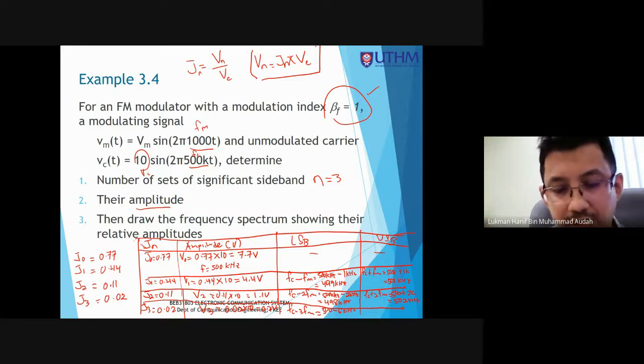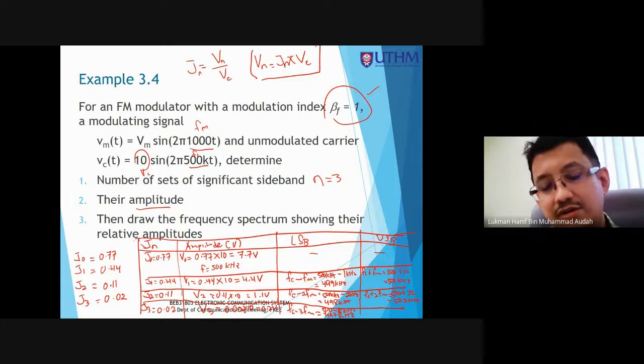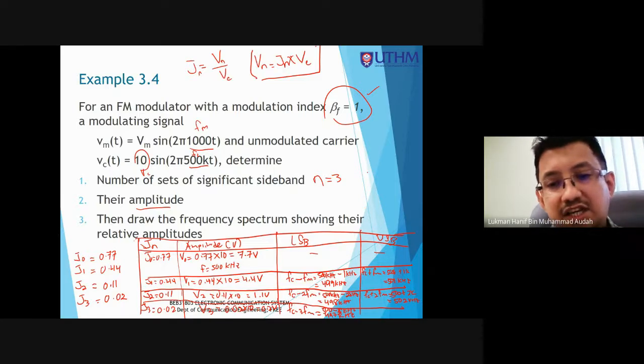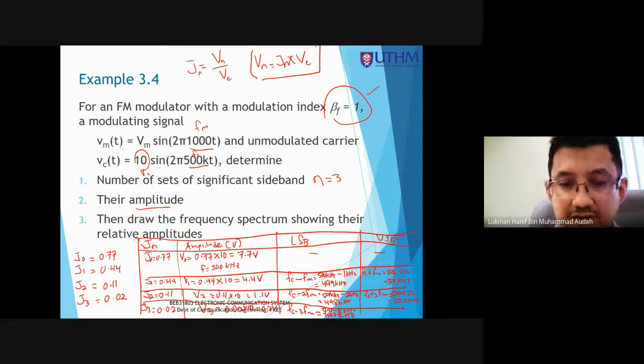Sorry, bukan 6, sorry. Dia sebenarnya FC minus 3 FM. FM is 1K. So 500 minus 3K, so 497 kilohertz.